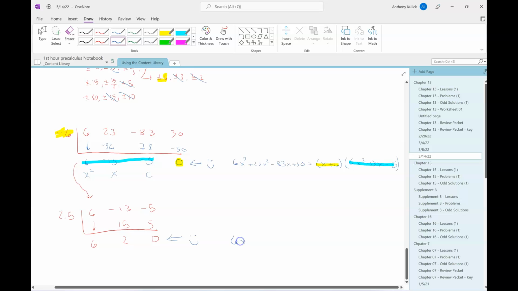So again, we get remainder 0. So what that tells us is that 6x squared minus 13x minus 5 is going to equal, we have to be a little bit careful here. Oh yeah, I think it's okay. So x minus 2.5 times 6x plus 2. Again, since this gave us the 0, that's how we're getting this piece, and that piece gives us that.